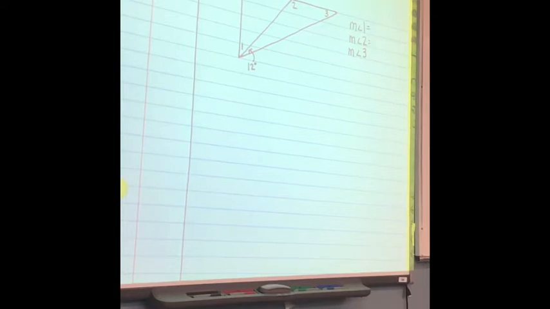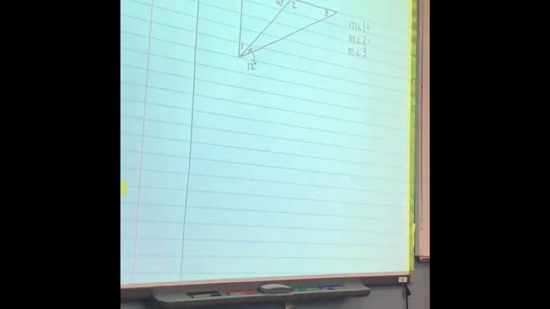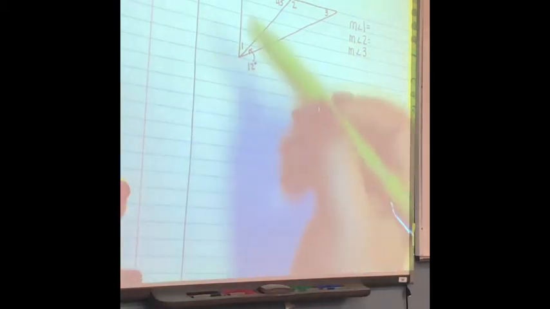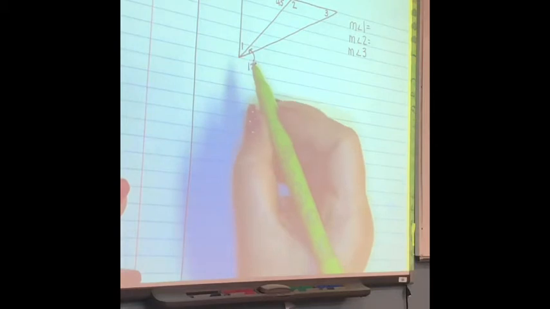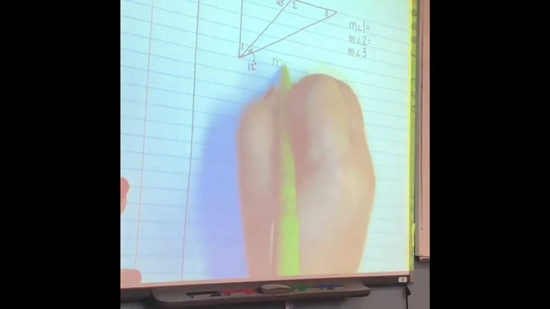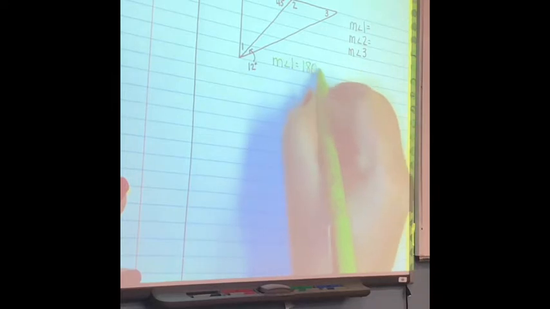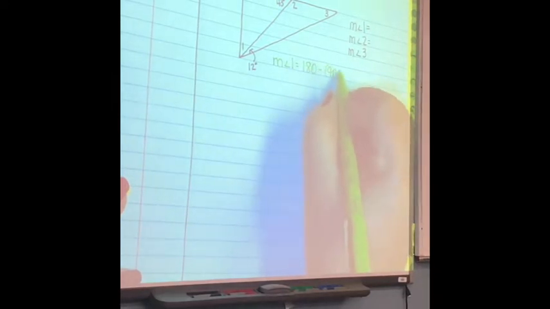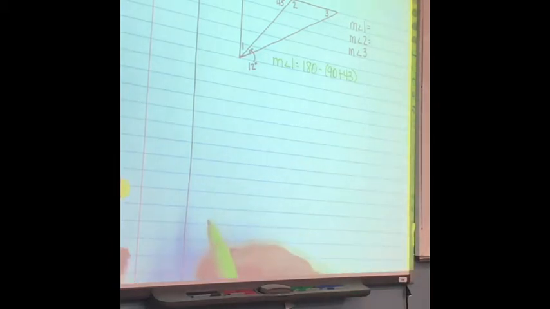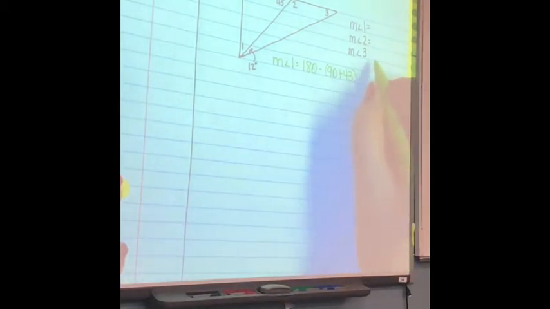Tell me some things you know. Well, I left off one thing. That helps. You can find the measure of angle 1 by adding 90 and 43 and subtracting from 180. So the measure of angle 1 is 180 minus 90 plus 43, which gives us 47.